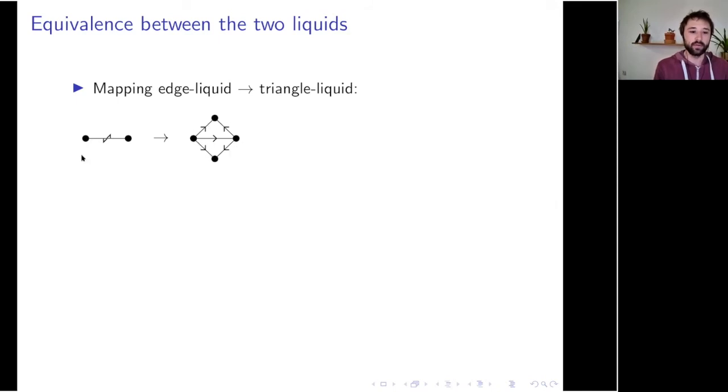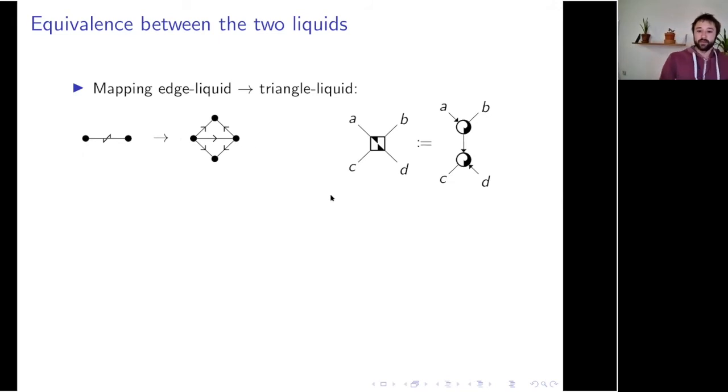If I do this to a cellulation, this has the effect of adding a central vertex to every face and then dividing this face into triangles, like you would divide a cake. In terms of tensor network, this amounts to replacing any of these edge tensors by a network formed by two triangle tensors. So for the model, this equation means that for any model of the triangle liquid, evaluating this tensor network will yield a model of the edge liquid.